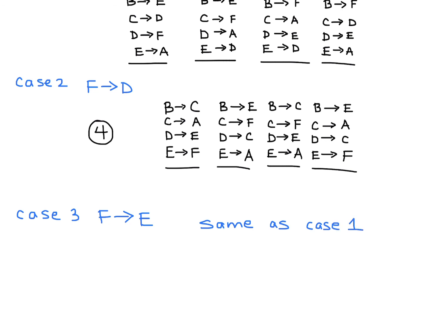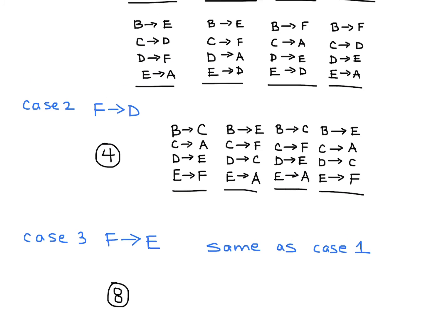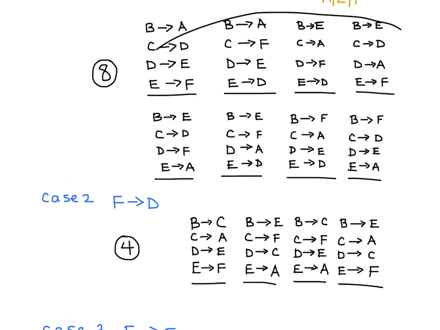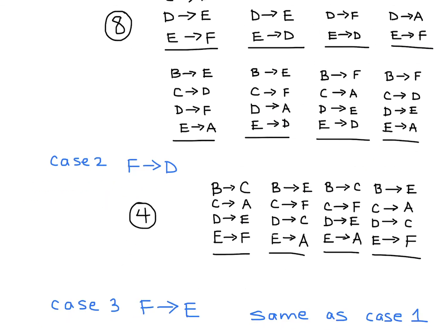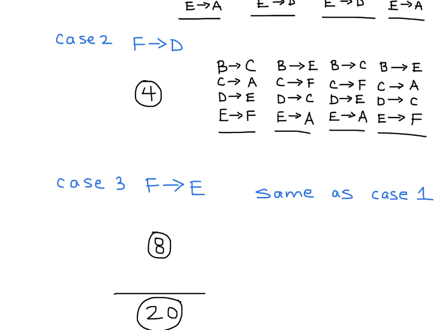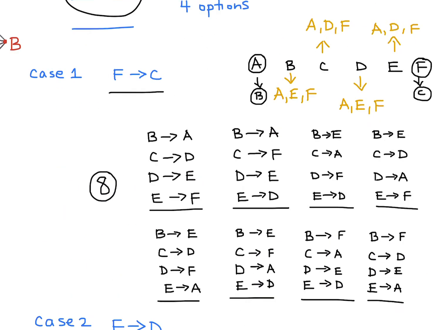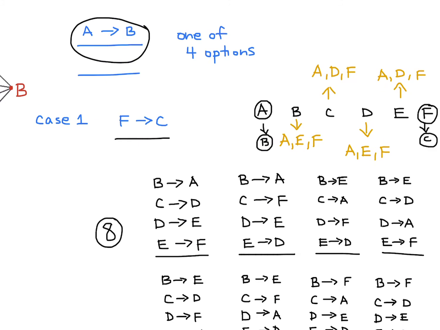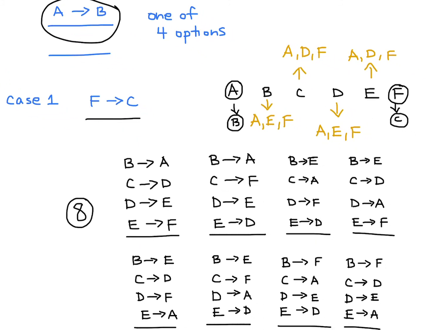So without laboring this to death, I'll just write that it's 8 possible scenarios, very similar to case number 1. So there you go, we're done. 8 plus 4 plus 8 is 20. 20 possible ways that you can arrange these ants if A is going to B.